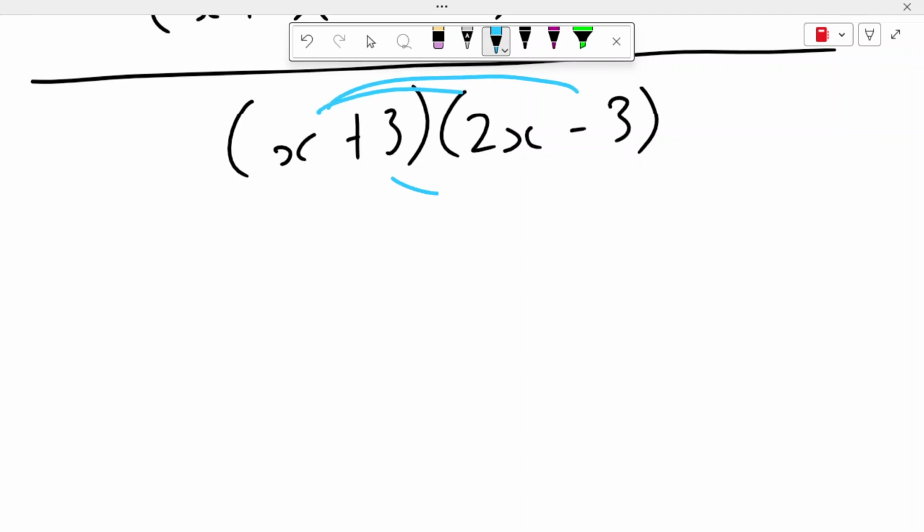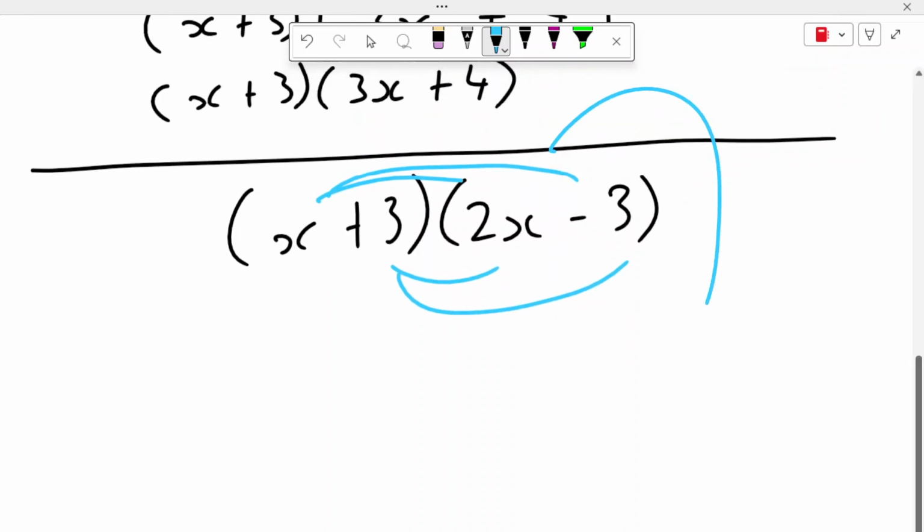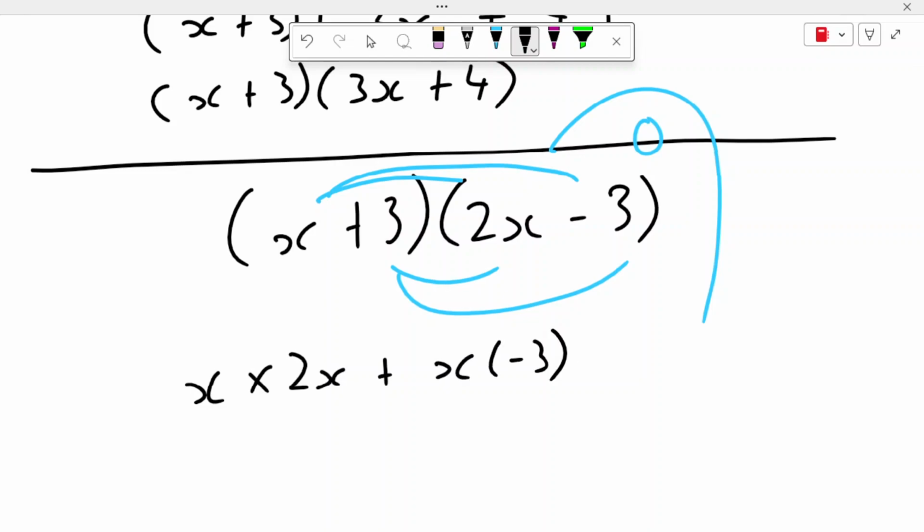You can remember Cocky's beak. So it's a bird. And so we get x times 2x plus x times minus 3 plus 3 times 2x plus 3 times minus 3.